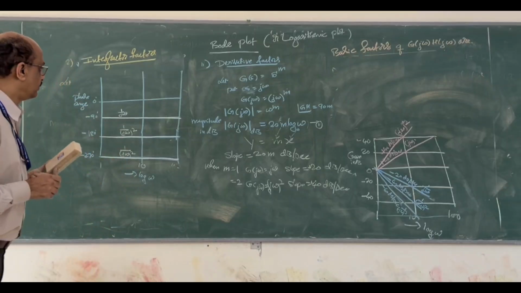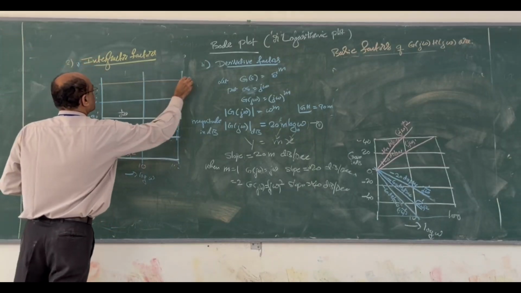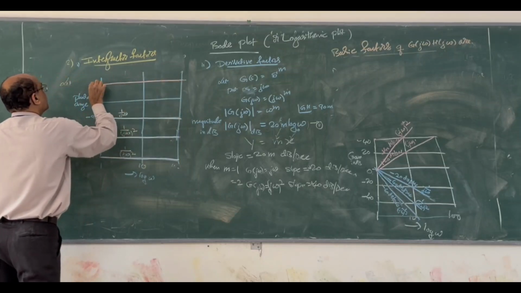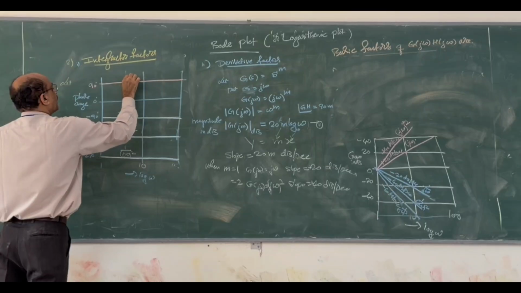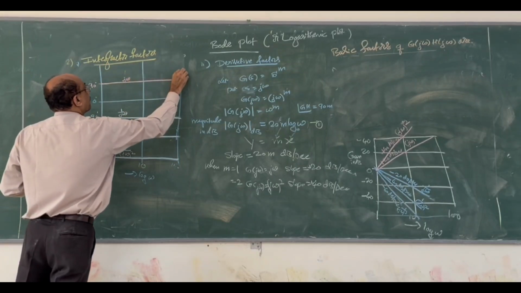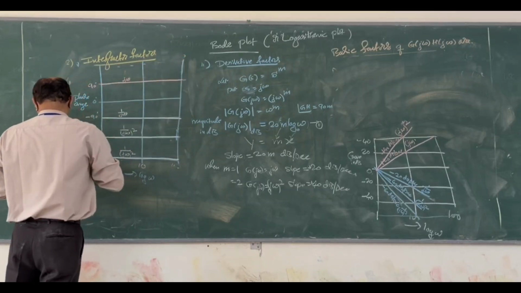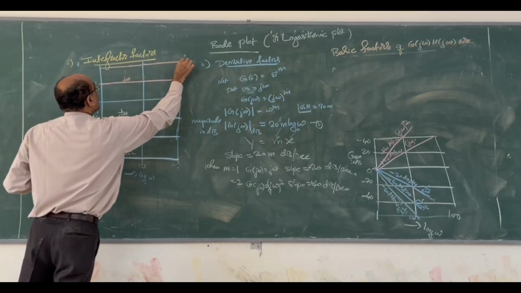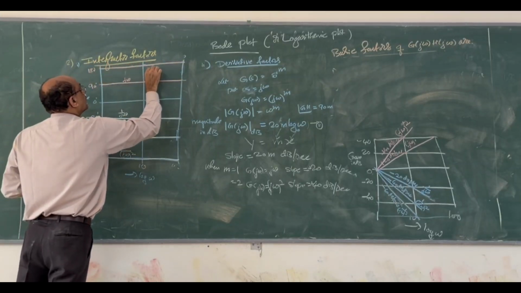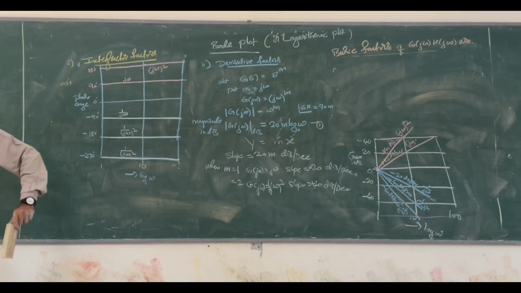Now, same way, here the angle contribution is 90 degrees for j omega, and 180 degrees for (j omega) squared, and so on.